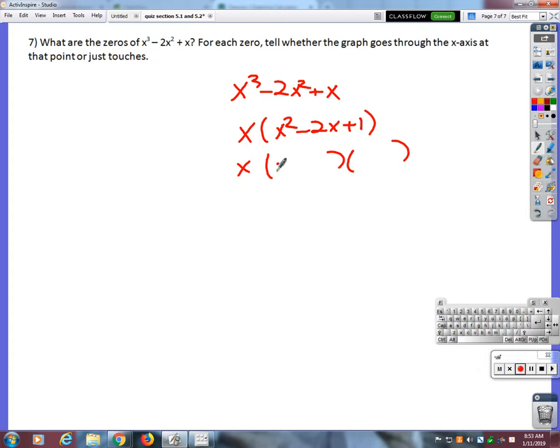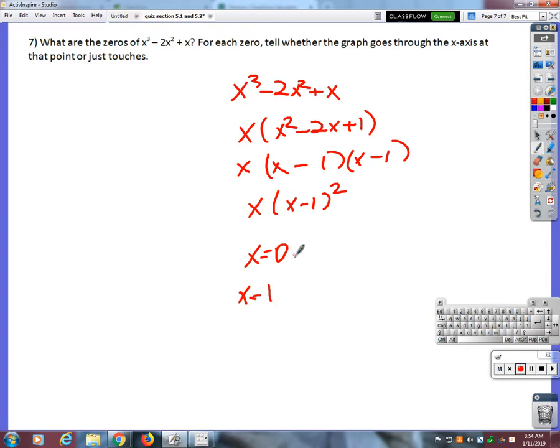Two numbers that multiply together to be +1 and add to be -2 are -1 and -1, which we could write as (x-1) squared. So that means this zero is 0, this zero is 1.